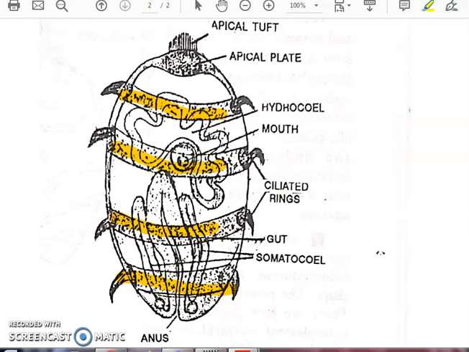So the young sea cucumber, when ready, sinks to the bottom of the sea, and it starts metamorphosing into the adult. When it reaches the bottom, the adult form is formed and it starts living an adult life.